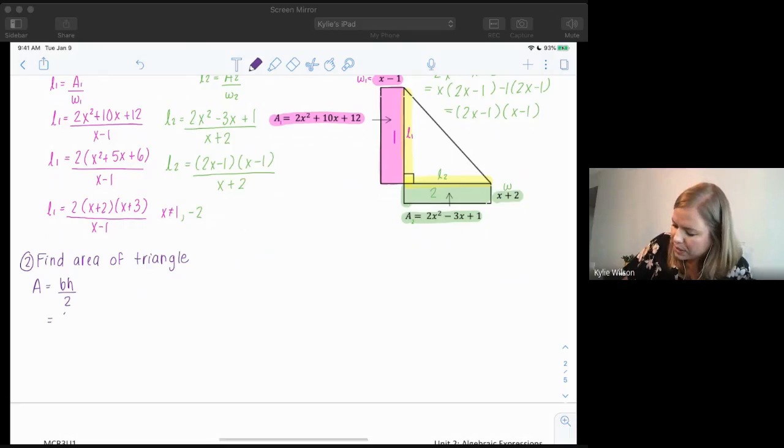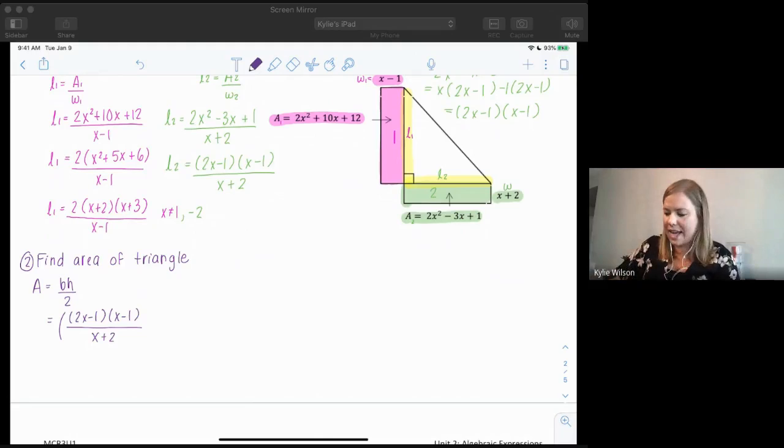So that will be 2x minus 1 times x minus 1 all over x plus 2. And all of that is multiplied by my height, which is L1, the pink one, which is 2, x plus 2, x plus 3, all over x minus 1, like that.